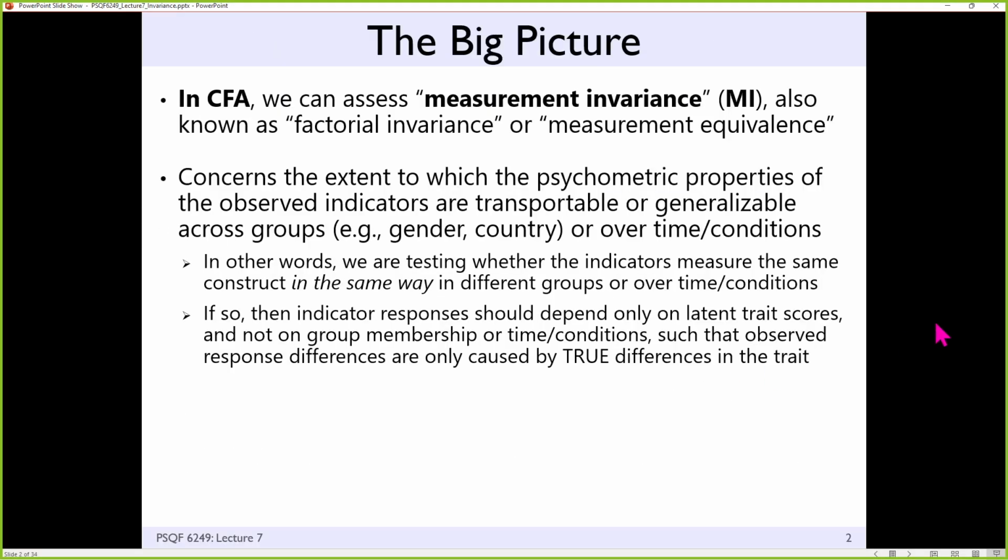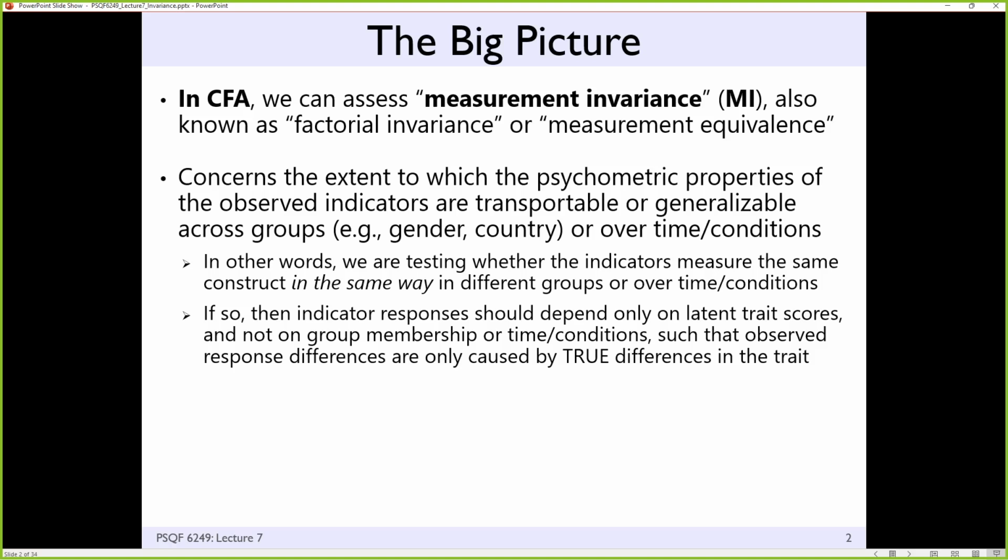So the big picture then, synonyms: measurement invariance or measurement equivalence or factorial invariance. All of those words are getting at the same idea. So broadly speaking, this concerns the extent to which your items work the same way.